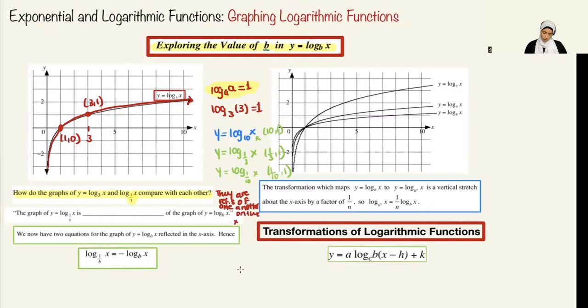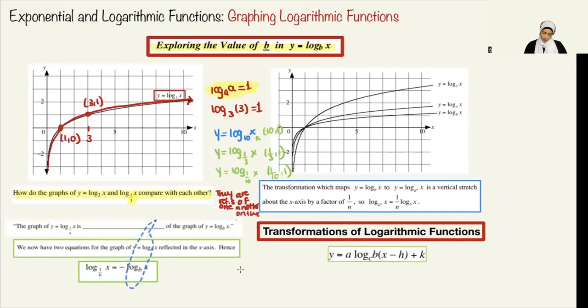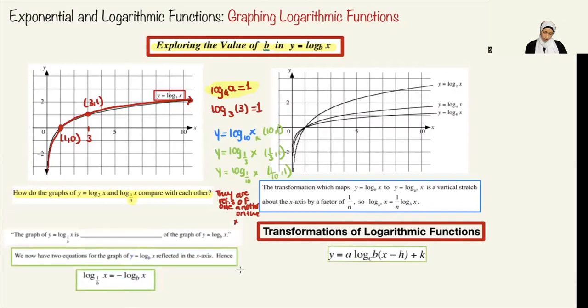Let me move this a little bit. Okay, so we're just going to say reflections of one another on the x-axis. And we've clearly observed that when we looked at the graph, right? So on the x-axis, or in the x-axis, however you want to say it.